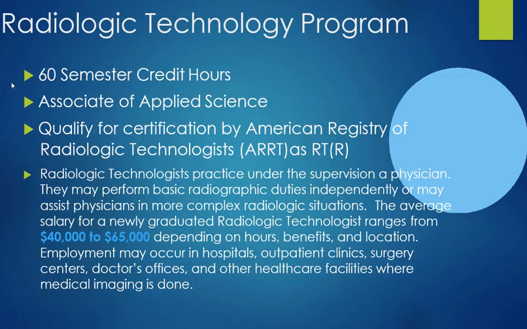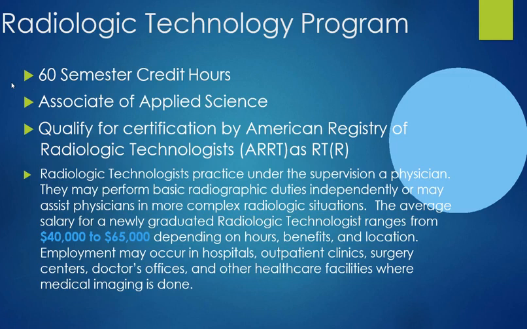And when you graduate, the whole thing that we're trying to do is make sure that you pass your registry from the ARRT. Once you graduate, you qualify for certification by the American Registry of Radiologic Technologists as an RT(R). So that's the whole thing we're trying to do: make sure that when you graduate, you take this national registry and pass it to become a certified technologist.